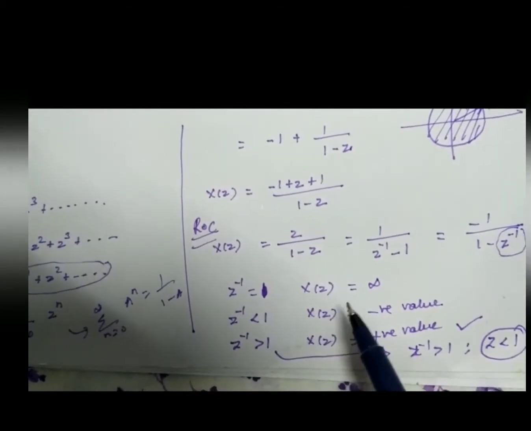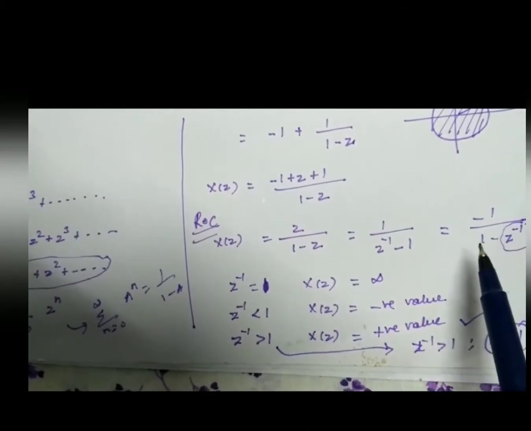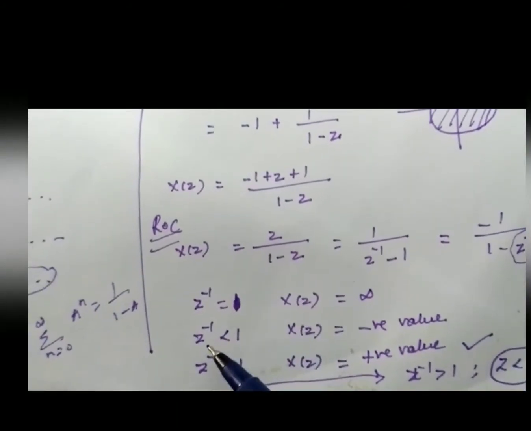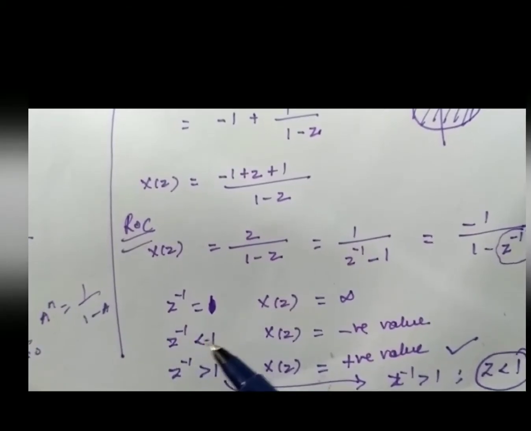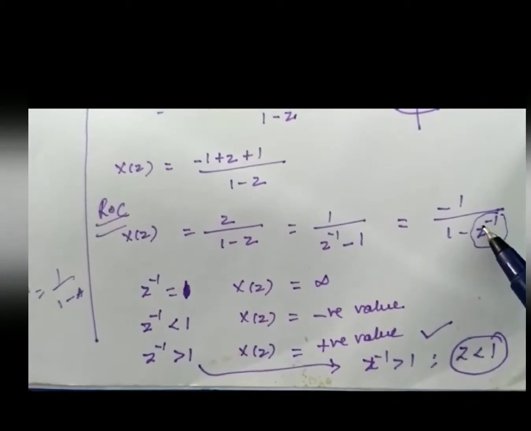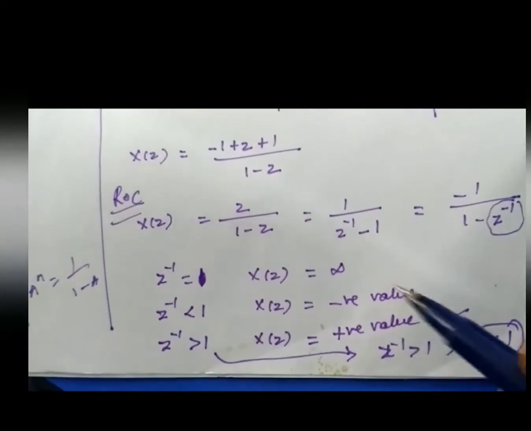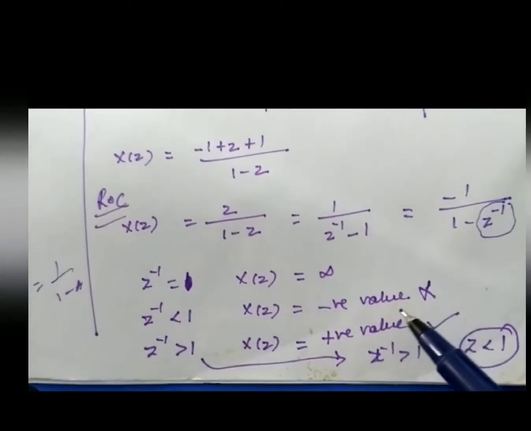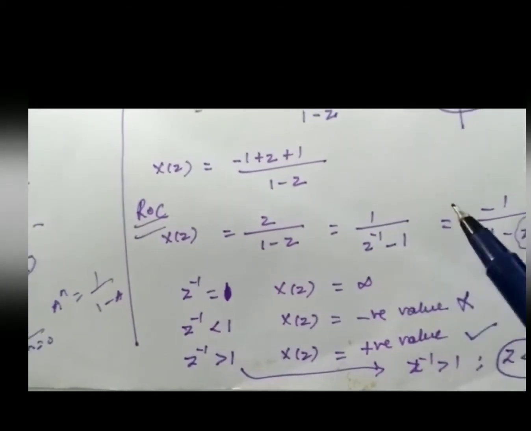When z inverse is equal to 1, 1 minus 1 is 0, so the value of x of z is infinity. Now when z inverse is less than 1, the entire function value is negative. So that is not the case. That is not the ROC, since x of z must be a finite positive value. Here we arrived at a negative value, so that is not the case.